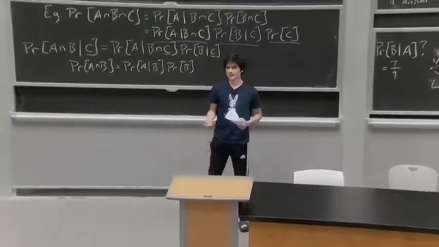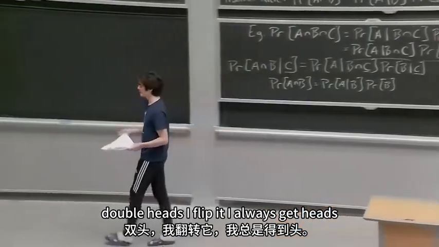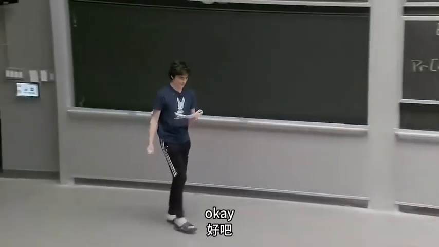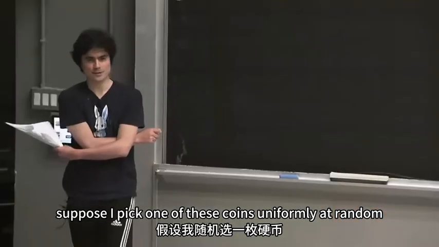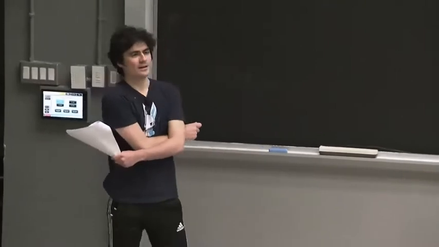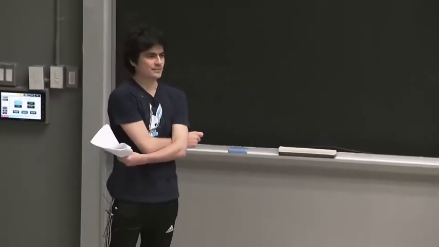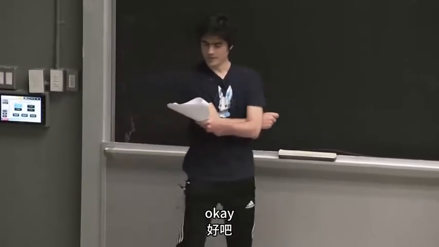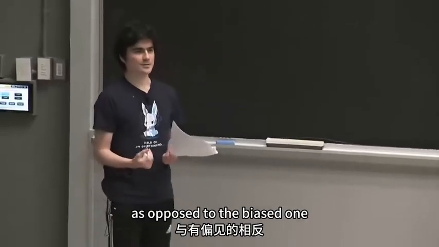And I've also got a trick coin that's double heads; when I flip it, I always get heads. Suppose I pick one of these coins uniformly at random. I flip that coin, and it comes up heads. What is the probability that I picked the fair coin to begin with, as opposed to the biased one?